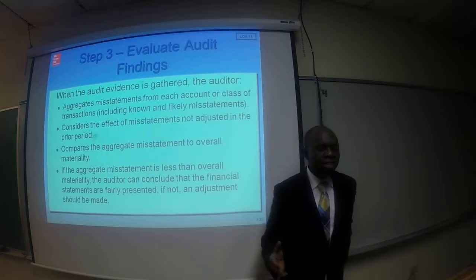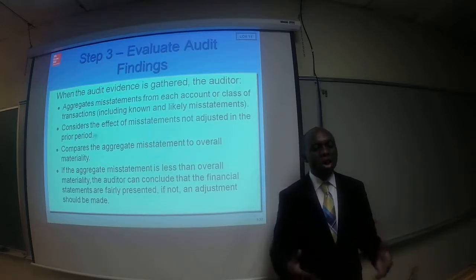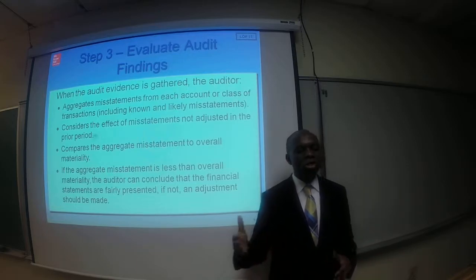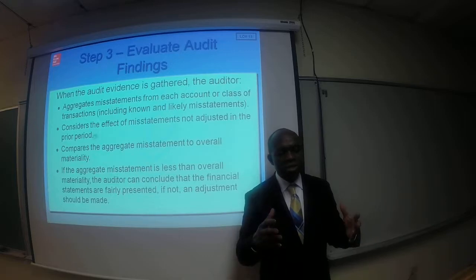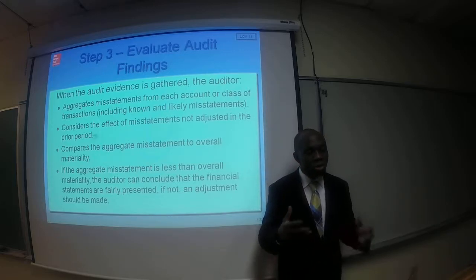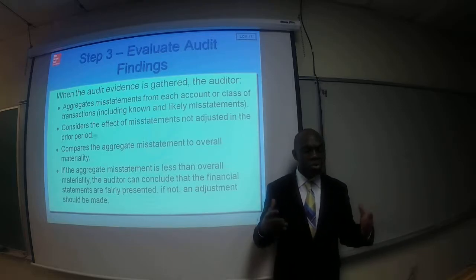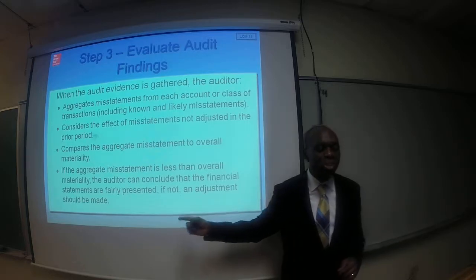So step 3 and the final step, we have to evaluate the audit findings. When the audit evidence is gathered, the auditor aggregates different misstatements from different accounts or classes of transactions and evaluates to see whether overall the financial statements are materially misstated. So let's take a look at the last bullet.